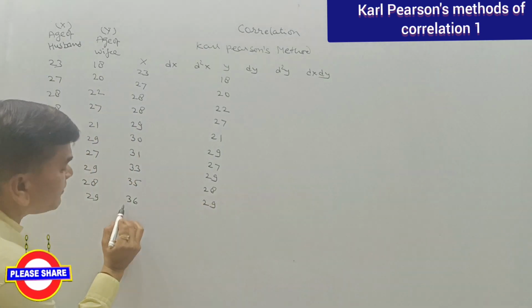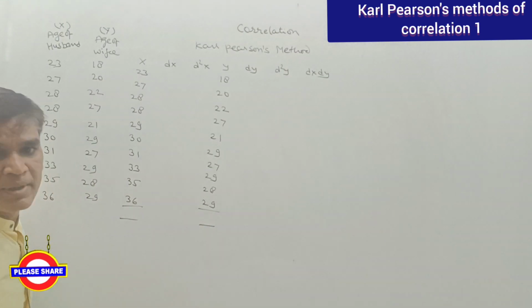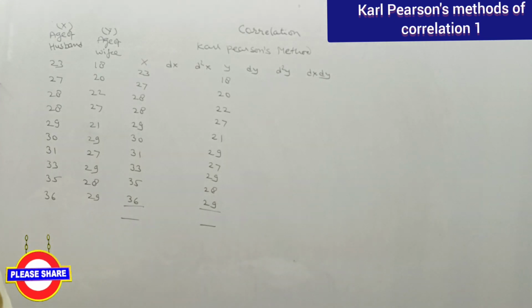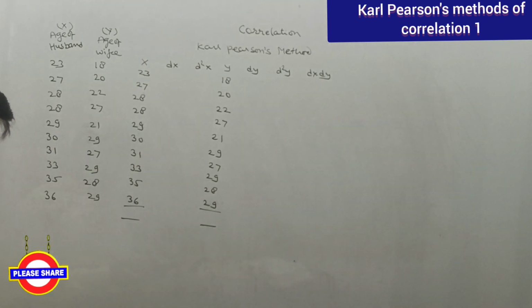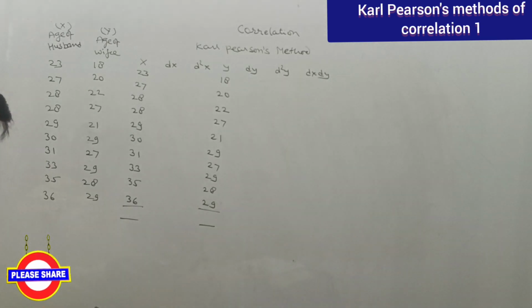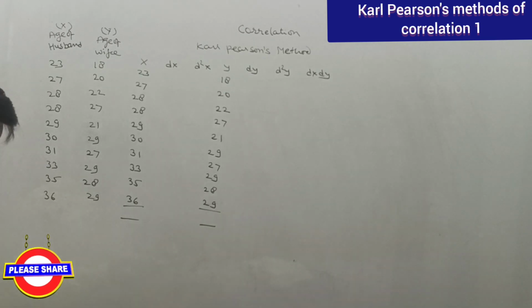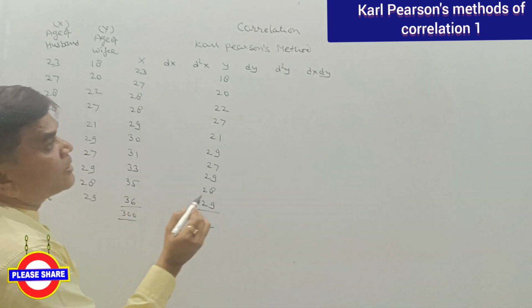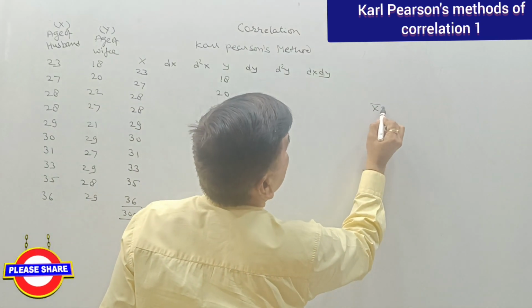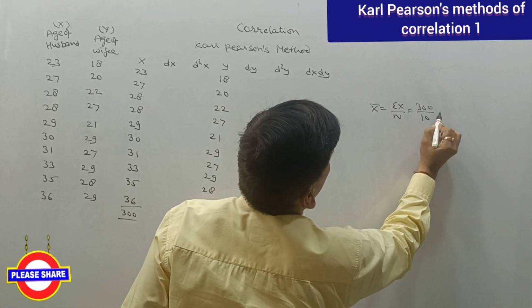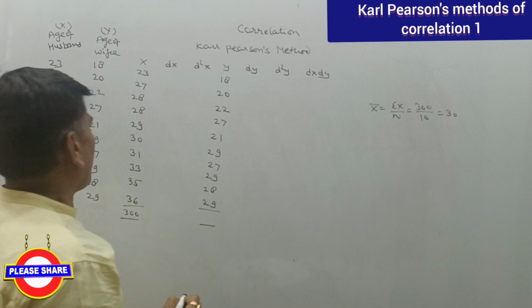First we will add these. Firstly, we are using the direct method. For that, 23 plus 27 plus 28 plus 28 plus 29 plus 30 plus 31 plus 33 plus 35 plus 36, we get 300. So x bar is equal to sigma x divided by n, that is 300 divided by 10, that is 30.